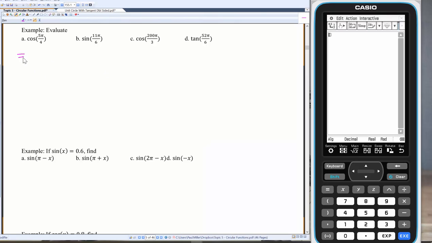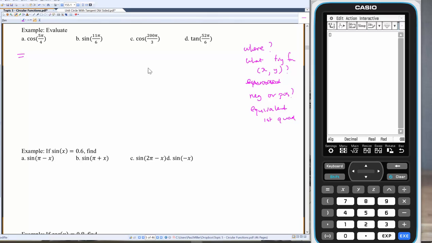5 pi on 4. So the basic way of doing these is I first of all look at where I am on the unit circle, then what trig function, i.e. I'm looking for either x or y, and then I go negative or positive, and finally the equivalent first quadrant angle.